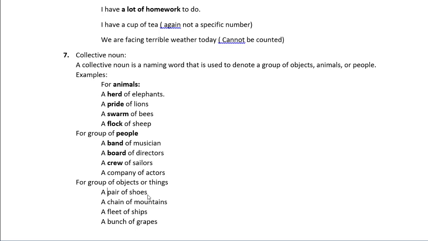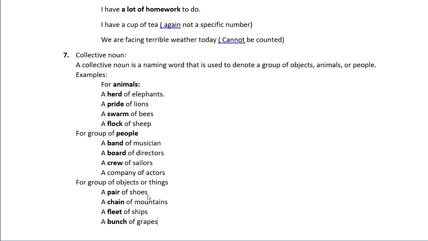So these are again collective nouns. I hope you understood. Whenever you give a name to a whole group, this naming word would be counted as a collective noun.